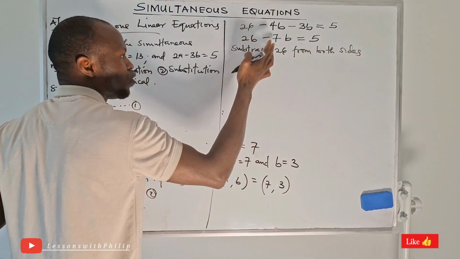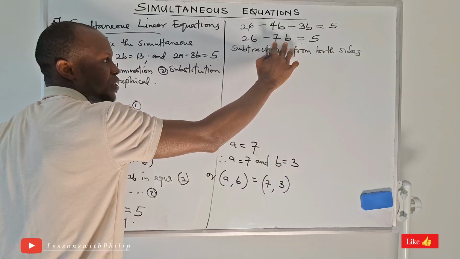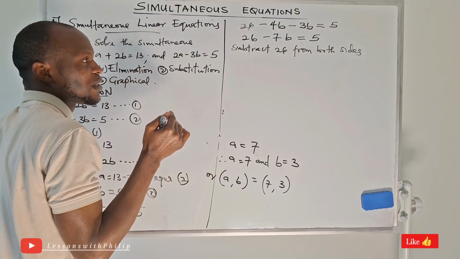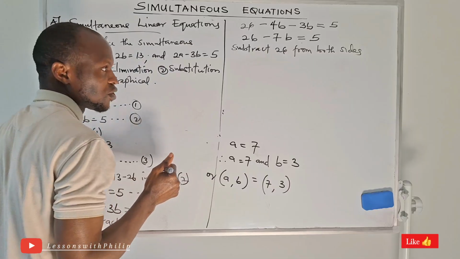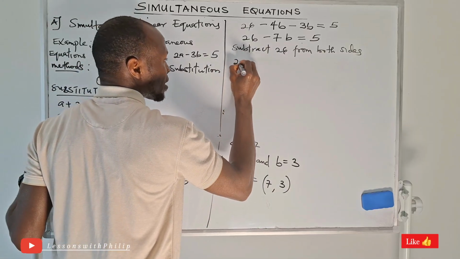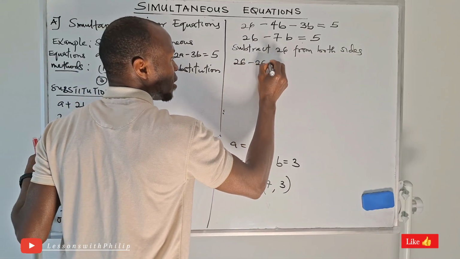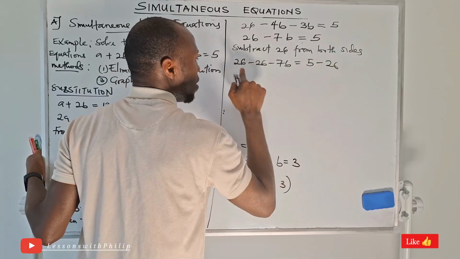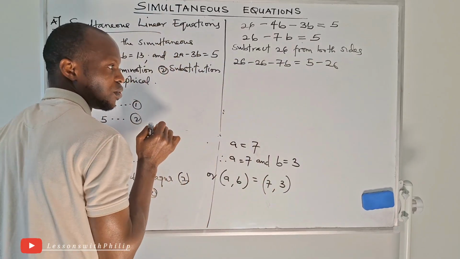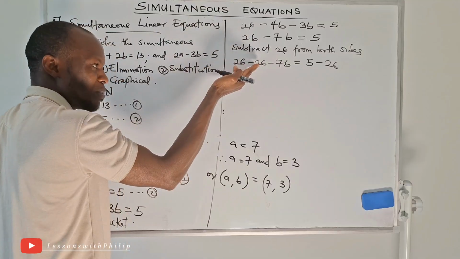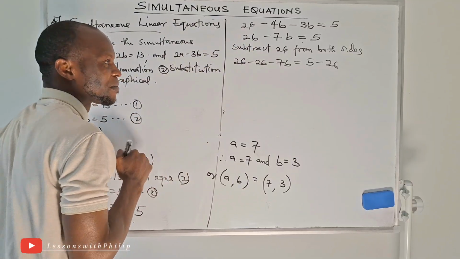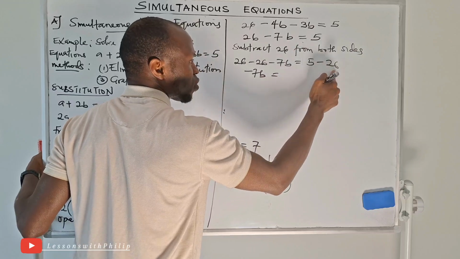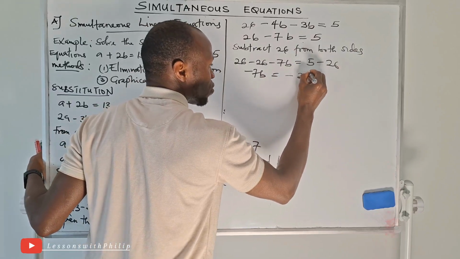I want to remove what is attached to 7b, which is plus 26. And how will I remove it? By subtraction. So I have 26 minus 26 minus 7b equals 5 minus 26. 26 minus 26 will be 0. You understand what I've done. So we have minus 7b equals 5 minus 26, which is minus 21.